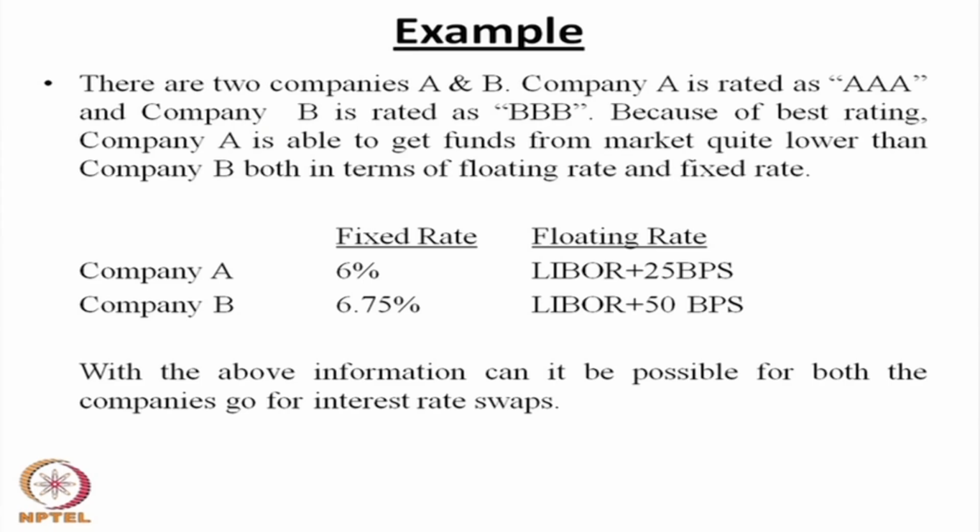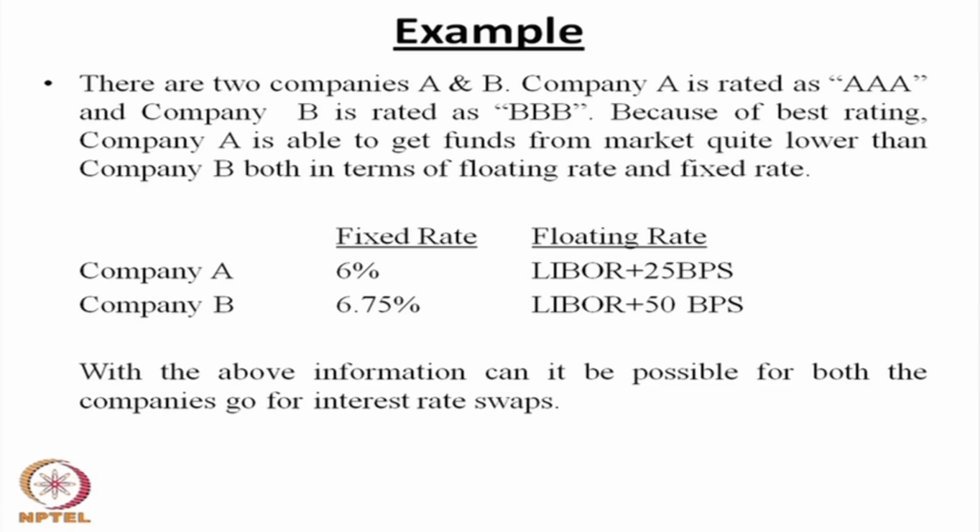There are two companies A and B, company A is a AAA company, company B is a BBB company. Because of the best rating, company A is able to get funds from the market at a quite lower rate than company B, both in terms of floating and fixed. Company A is getting a fixed rate of 6% and a floating rate of LIBOR plus 25 basis points.